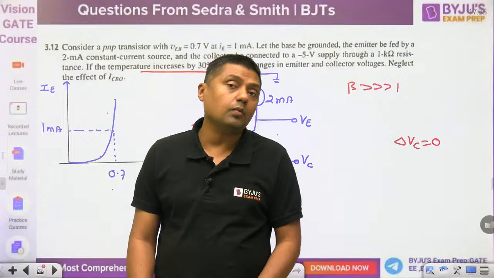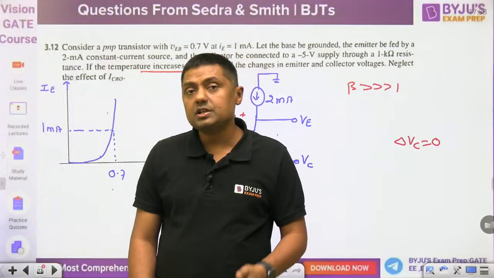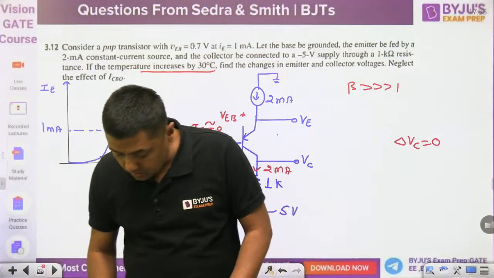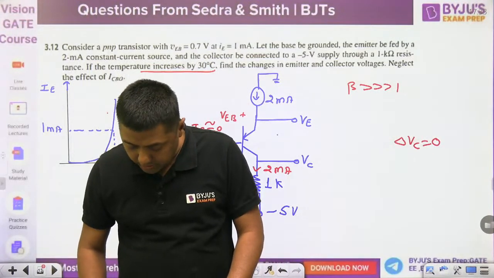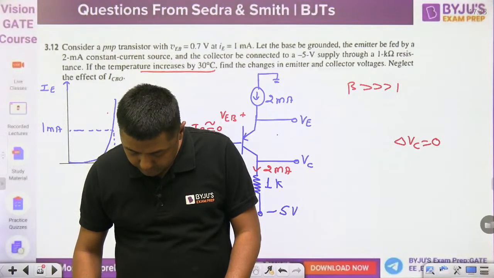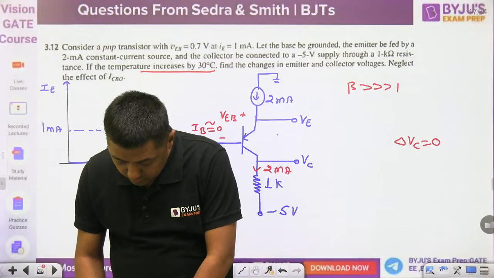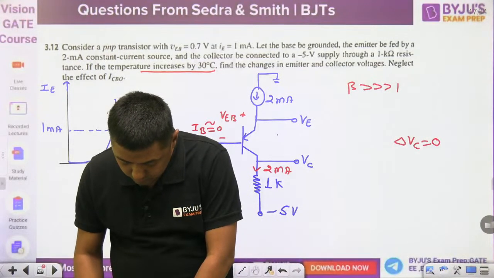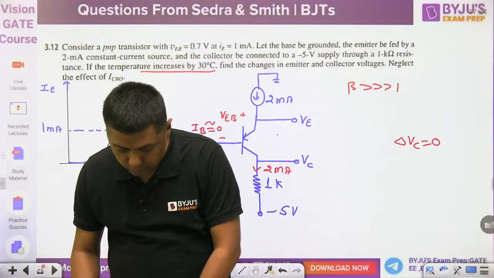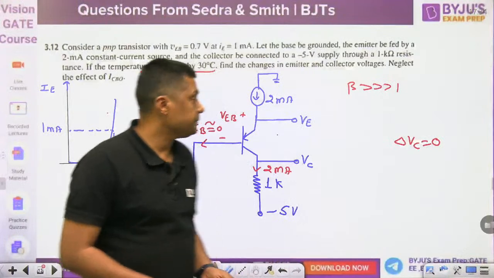We have the problem of temperature. Temperature increases and the drop across the transistor will reduce. So that is the variation here. I think now it is clear. Okay, then next one.